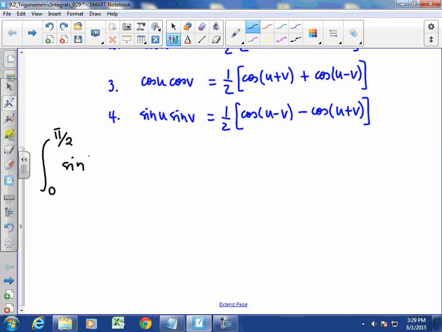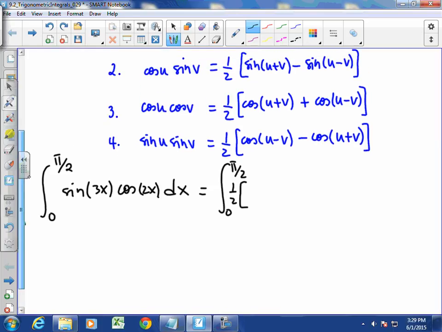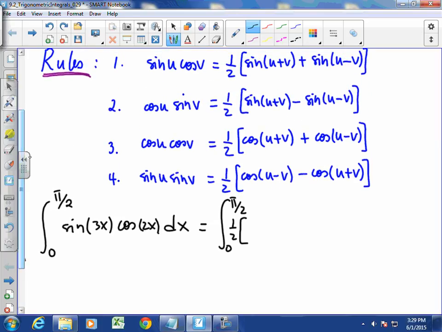So in this case, the integral from 0 to pi over 2 of sine of 3x cosine of 2x dx is the same as the integral from 0 to pi over 2 of 1/2, brackets open. Now, the first case says that we replace sine u cosine v with whatever is on the right hand side. So u in our problem is 3x and v is 2x.